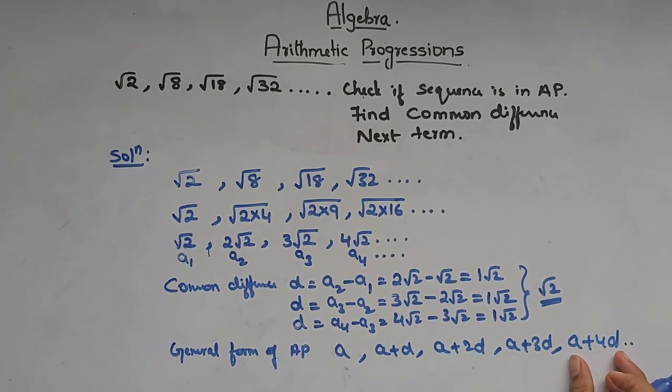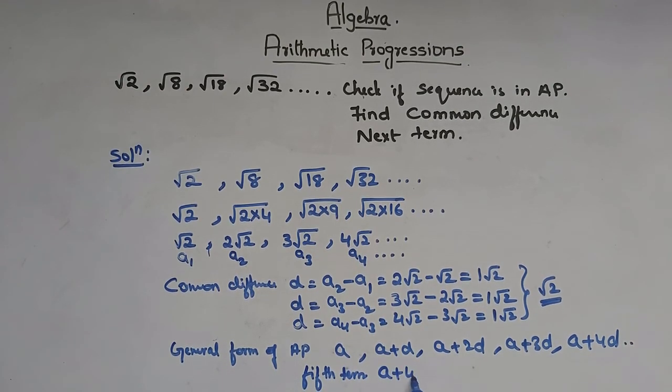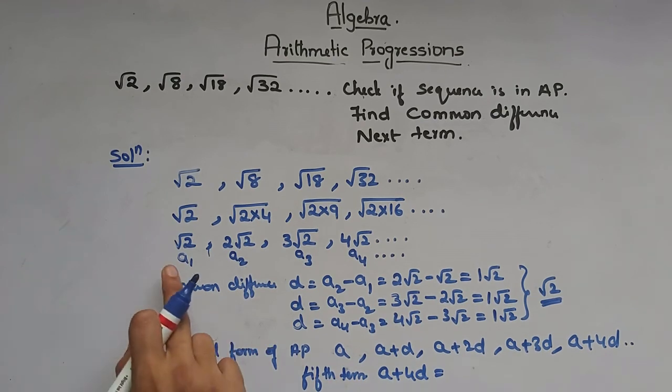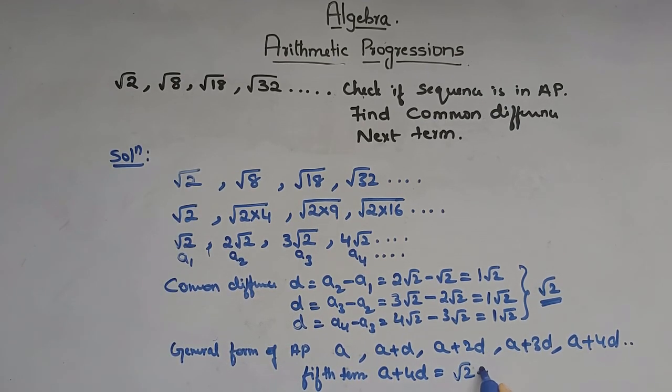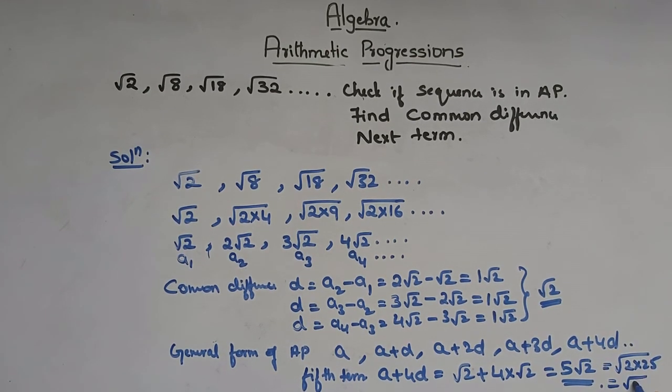So fifth term is a plus 4d, which is equal to, a here is the first term, that is root 2 plus 4 into, here difference is root 2, right? So this will be 4 plus 1 is 5 root 2. So the fifth term is 5 root 2, which is nothing but root of 2 into 25, which is nothing but root of 50.